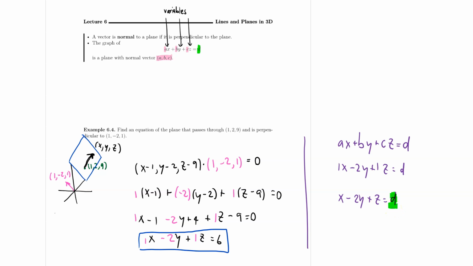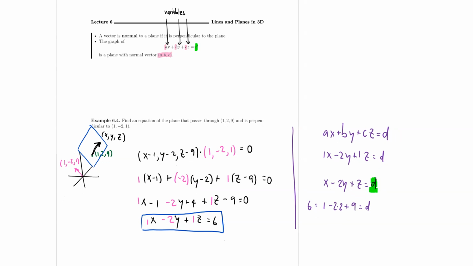If I do that, I'm going to have 1 minus 2 times 2, and then plus 9. That has to equal d, and this equals 10 minus 4, so that's 6. So my d is equal to 6. That means I can write out the equation for my plane, and that is going to be x minus 2y plus z equal to 6. So this is the same equation that we obtained earlier.